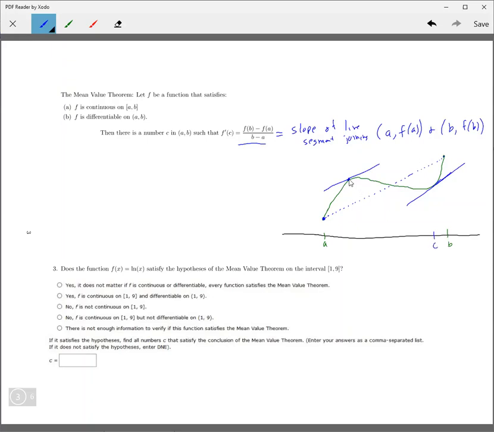So these would be 2 different values of c that will work. The derivative is equal to this slope right here.